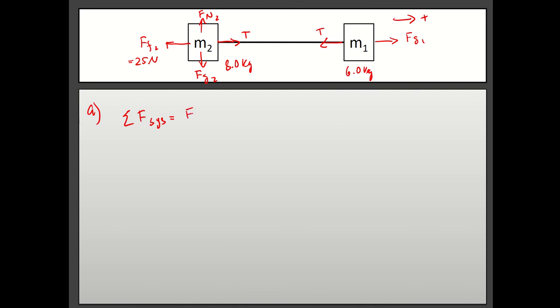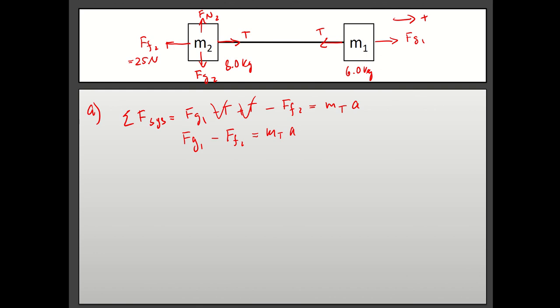So we have Fg1 minus tension plus tension, and then minus force of friction. This equals the total mass and the acceleration of the system. So again, the tension forces will cancel out. You're left with Fg1 minus the friction force equal to the total mass times the acceleration of the system.